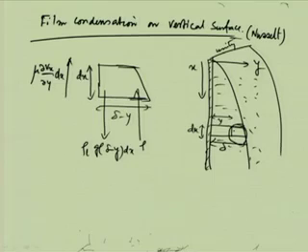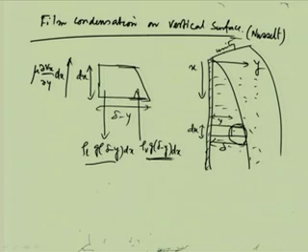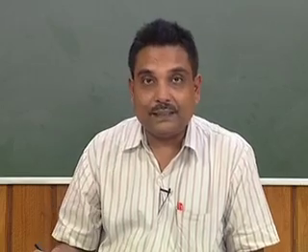Then we have rho v g into delta minus y into dx, which is the weight of the vapor, the buoyancy force acting upward. Delta minus y into dx into unit width is the volume, into rho is the mass, and into g is the weight, which is the weight of the vapor if the place was occupied by the vapor.